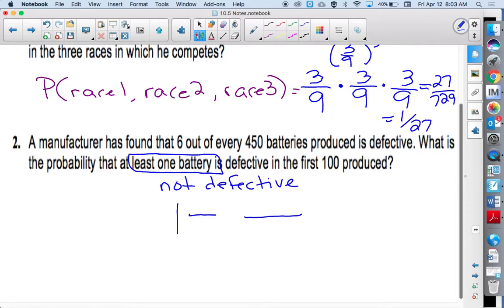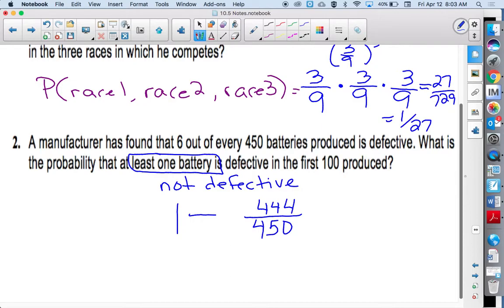How many total batteries? 450. Mackenzie, if 6 out of every 450 are defective, how many of them are not defective? So 444 of them are not defective if 6 of them are.